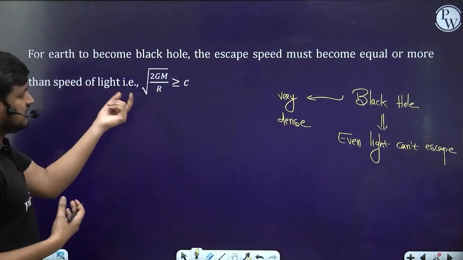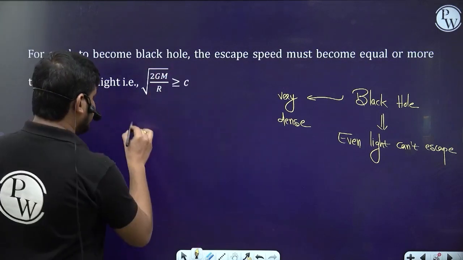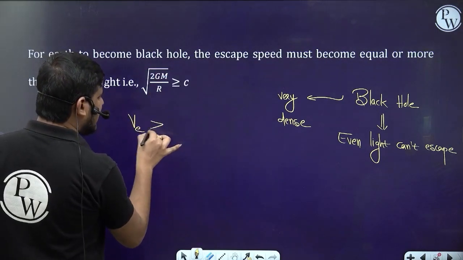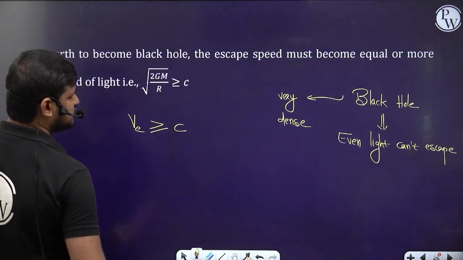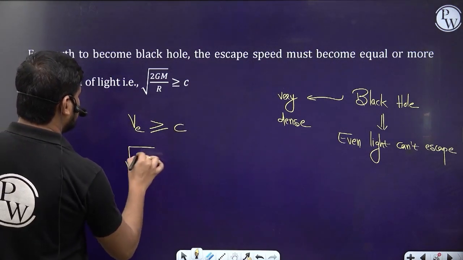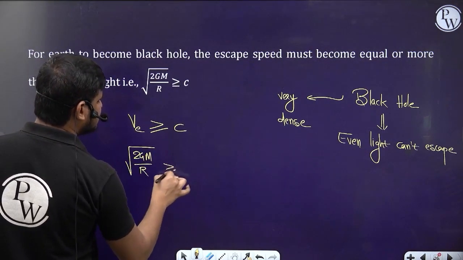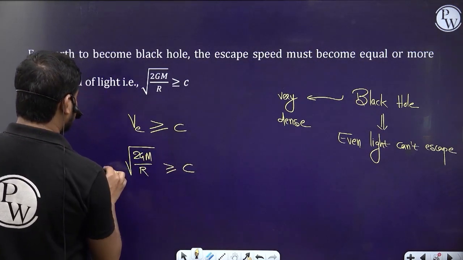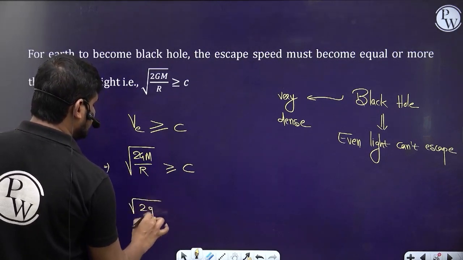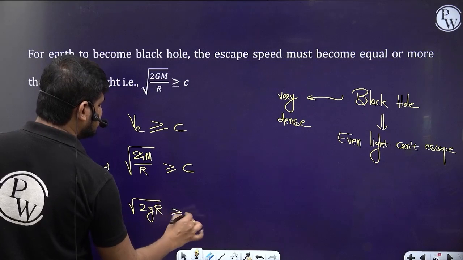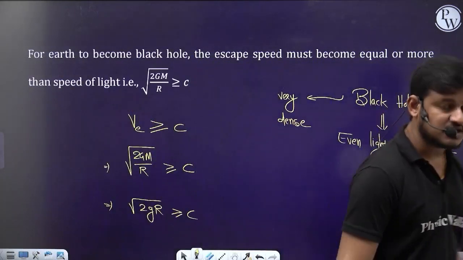That is possible when the escape velocity is greater than or equal to c, which is root over 2GM by R, must be greater than or equal to c. Or else we can also say that root 2gR must be greater than or equal to c. Done? Clear, guys? Good.